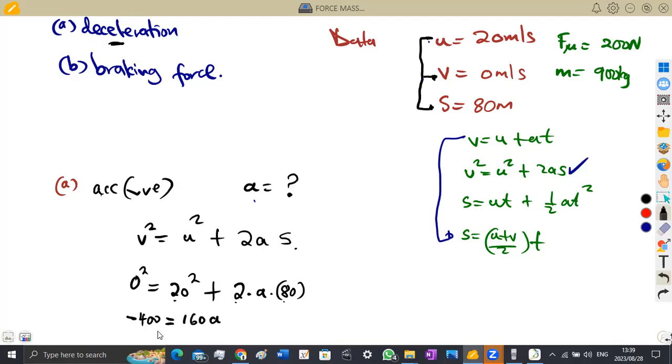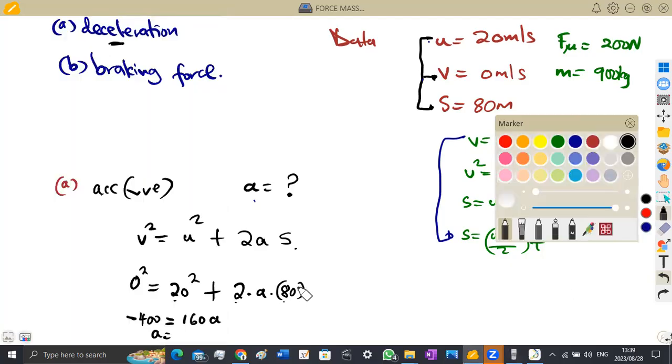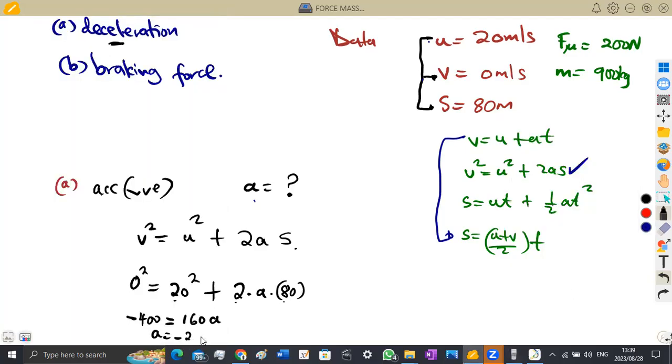So we can divide by 160 on both sides. So we've got negative 400 divided by 160, which is negative 2.5. So we are going to obtain negative 2.5 meters per square second.